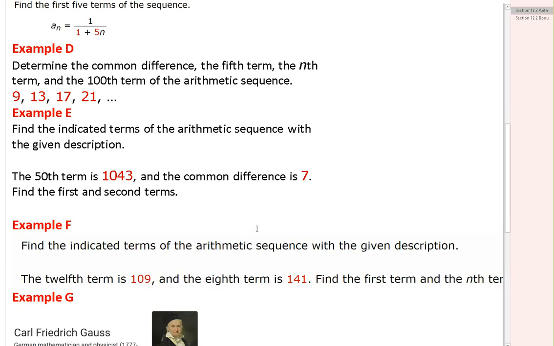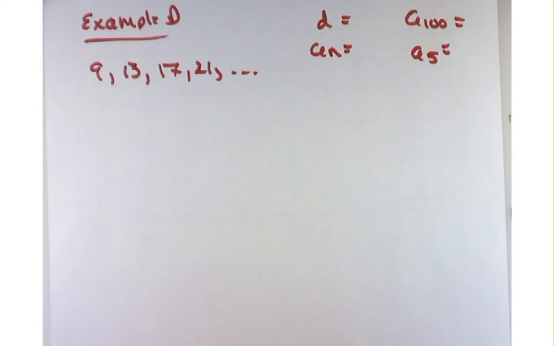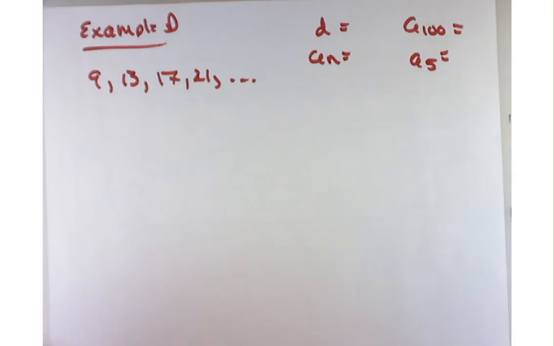Now I suppose if all I needed to know was a sub 5, then I wouldn't necessarily need to go through a whole lot. Can anyone tell me what a sub 5 is, just by looking at this? 25. Yeah, 25. Nice. But we've got to do a little bit more on this, so let's figure it out.